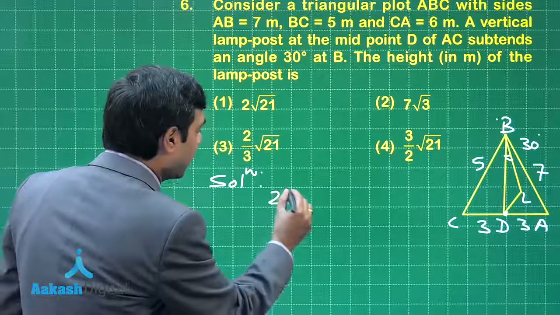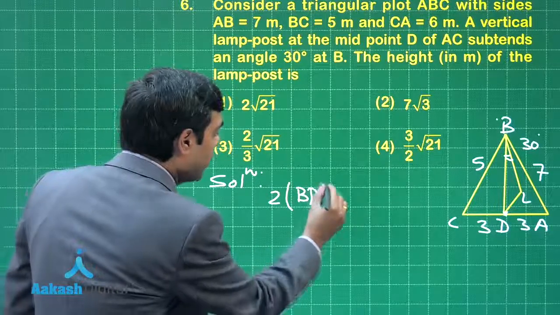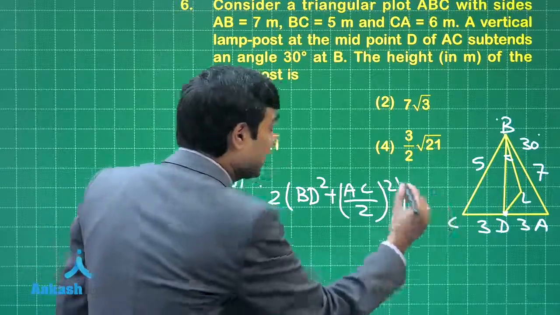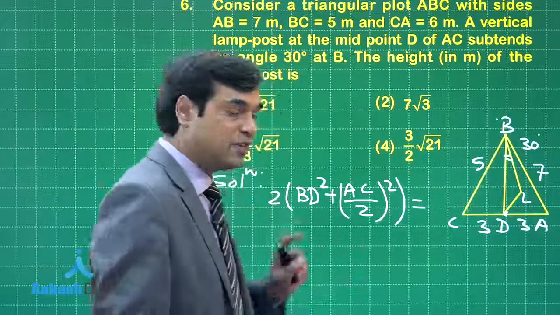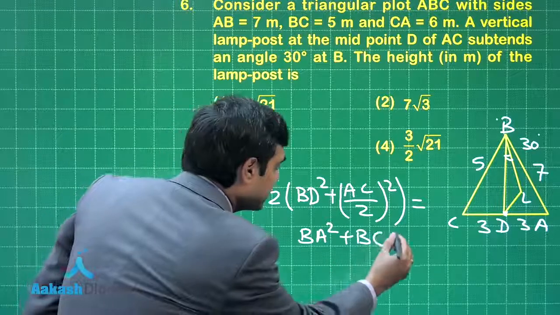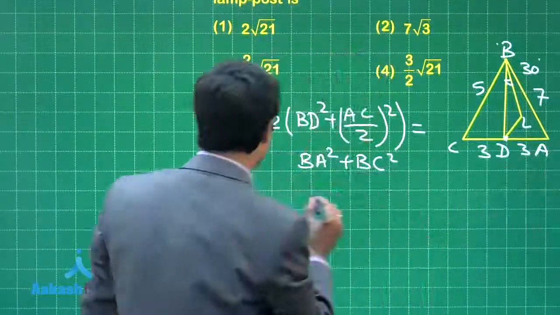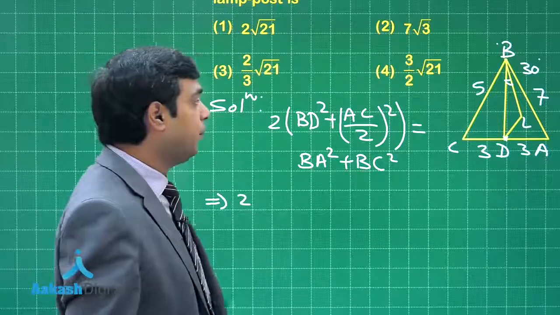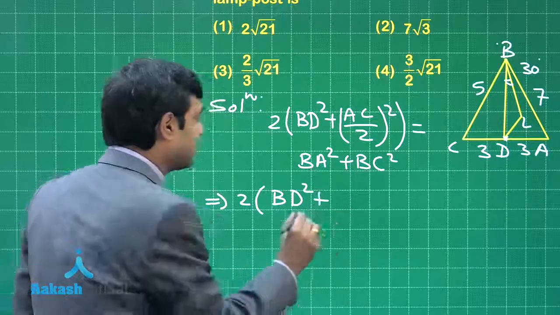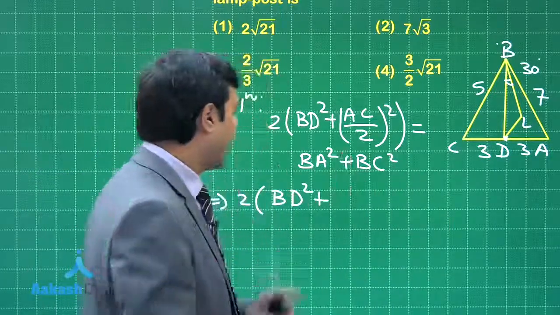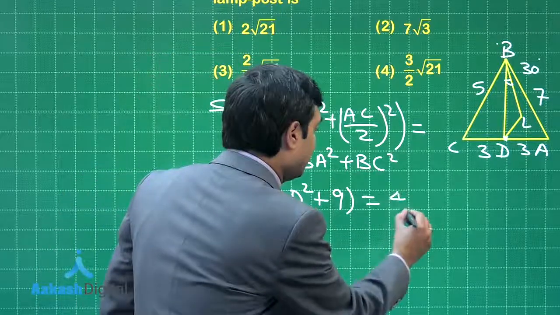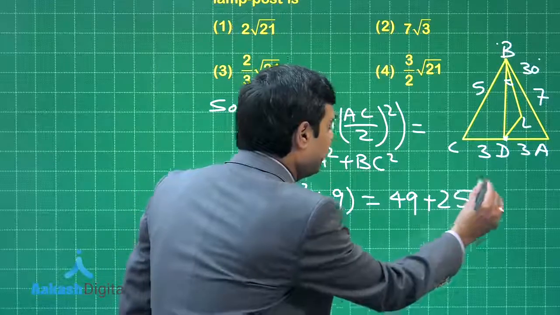We have the result twice of BD square plus AC by 2 whole square is equal to BA square plus BC square. Substitute the values in this equation, we get twice of BD square, this is something we have to find, plus AC by 2, that is 3 square, that is 9, is equal to BA square, that is 49 plus then next is 25.